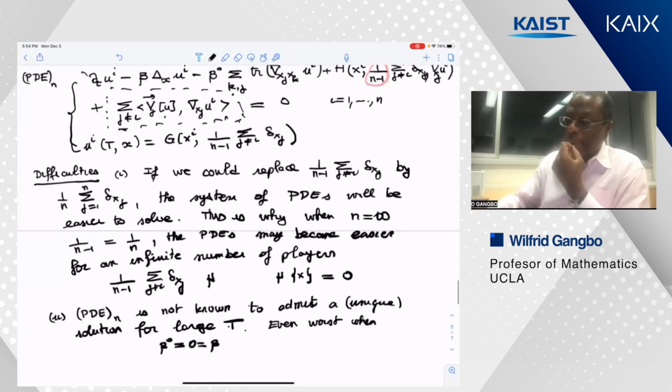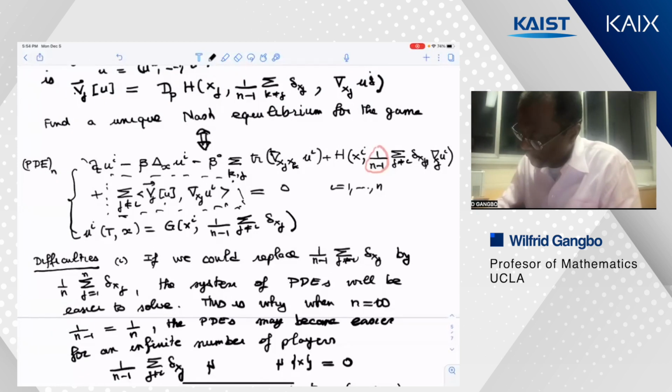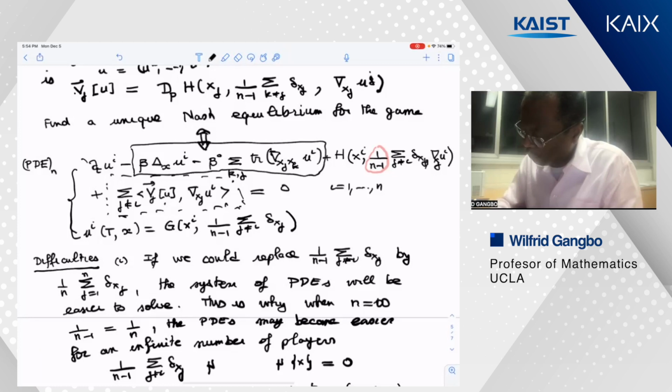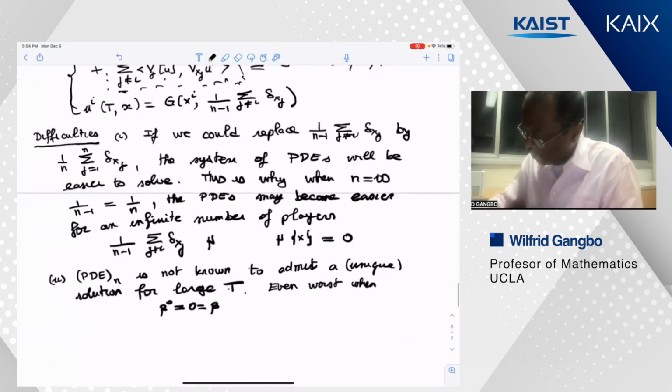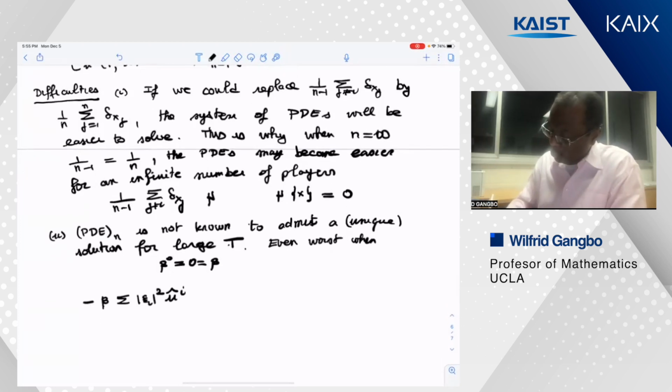So let us pass into the Fourier transform to understand the role of this operator. When I pass into the Fourier transform, I have beta, the sum of psi_i squared, u hat_i. This is what corresponds to the Fourier transform of beta times the Laplacian of u_i.